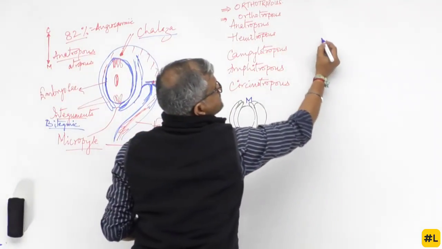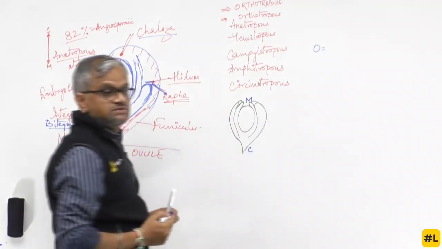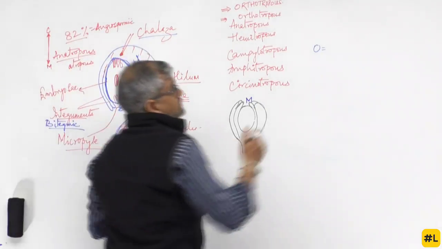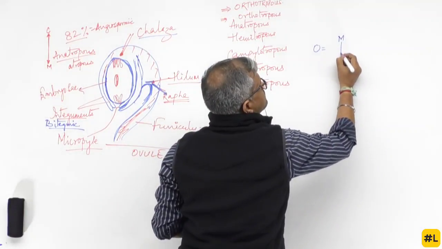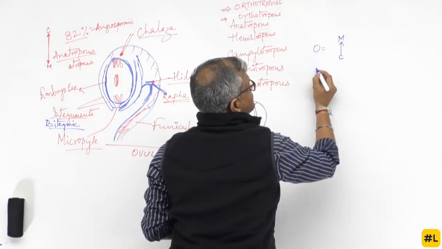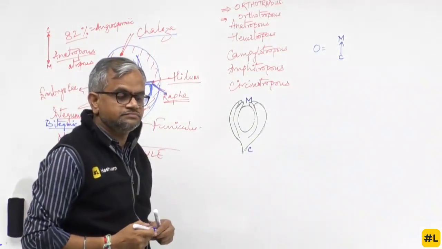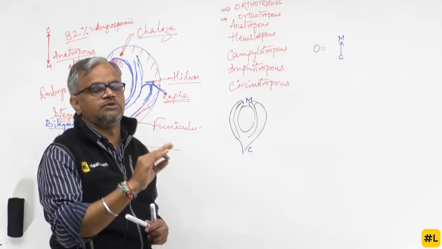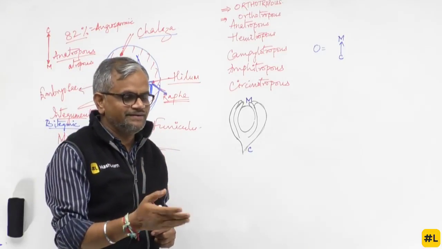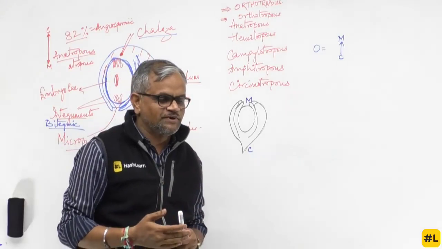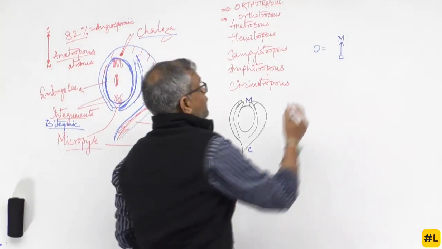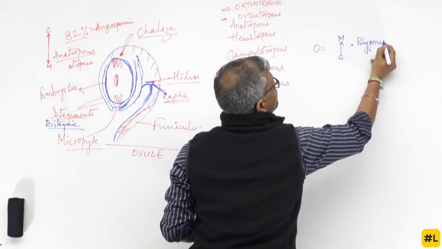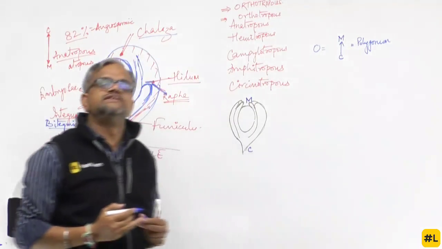So in orthotropous, the most important thing that you should always remember is micropyle and chalaza are in this direction. It is straight, ortho means straight, and orthotropous ovule is found in, as Nisarga has answered me perfectly, polygonum. And that is the reason whenever we write, we always say polygonum type of ovule.